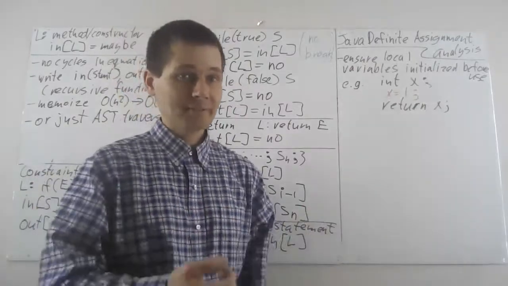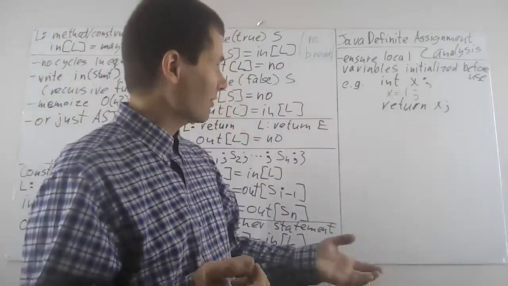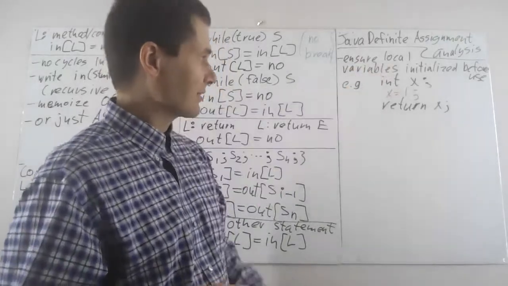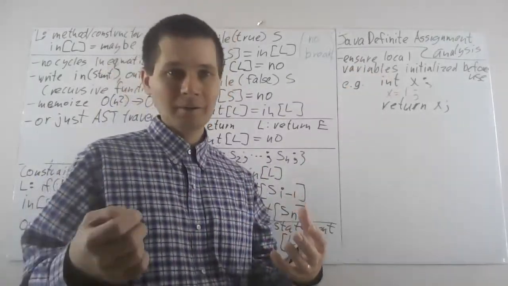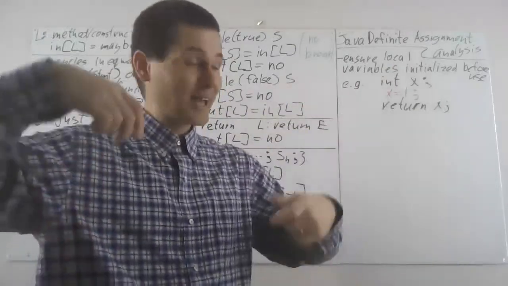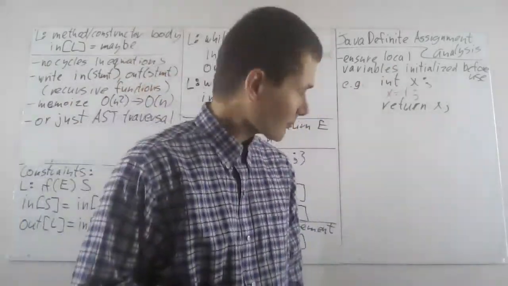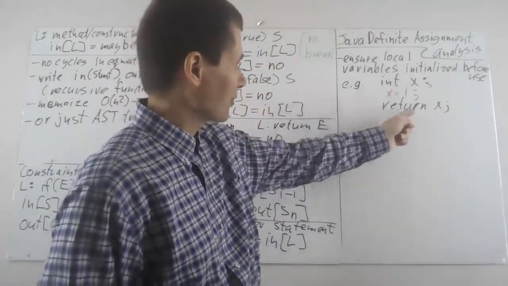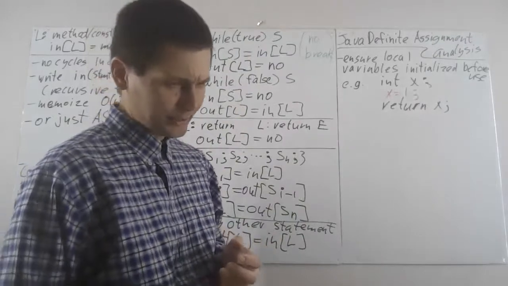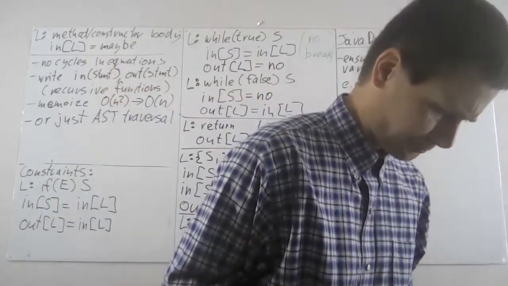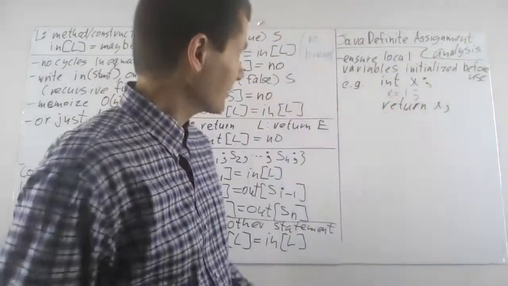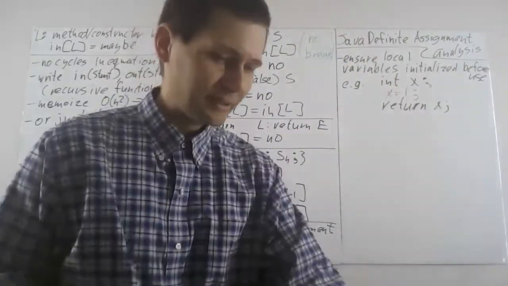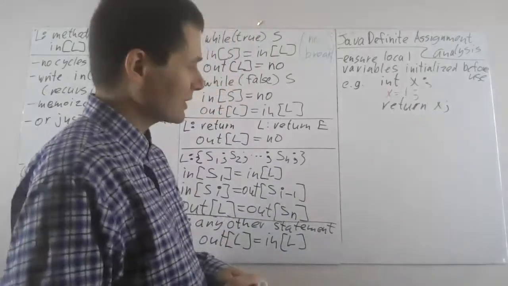You could have if statements or while loops or other stuff in between the declaration and the use of X. And so the analysis has to figure out that at runtime, X will definitely have a value before you use it. So, Java has this interesting static analysis for this.